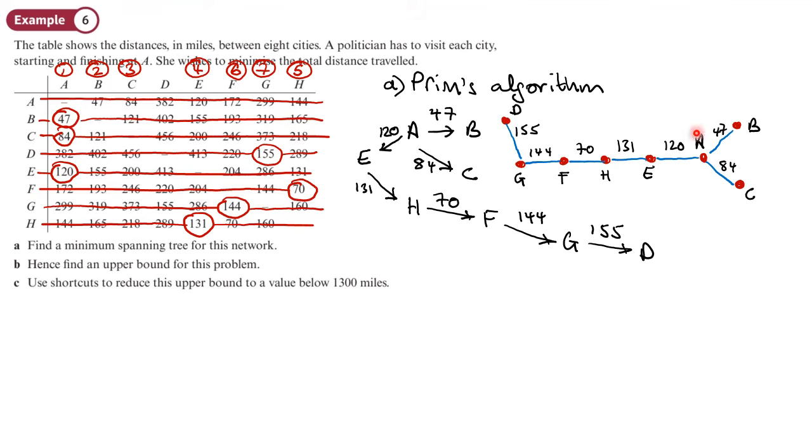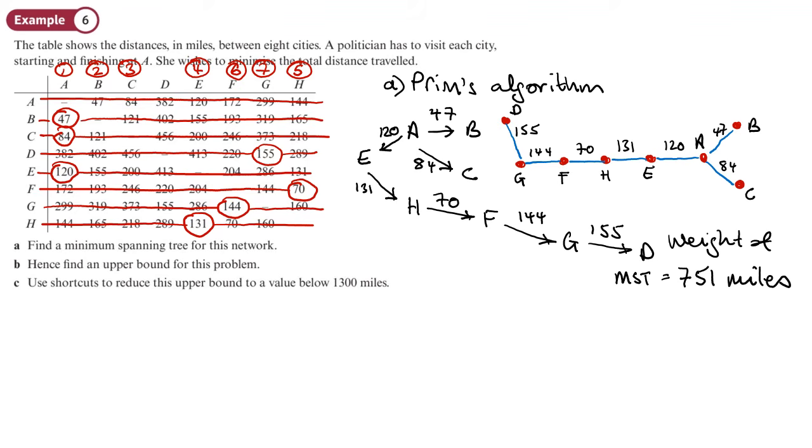Okay, so here's a drawing of what the minimum spanning tree might look like. Now I'm going to write down the weight of this minimum spanning tree. So 155 plus 144 plus 70 plus 131 plus 120 plus 47 plus 84 gives a weight of 751 miles.